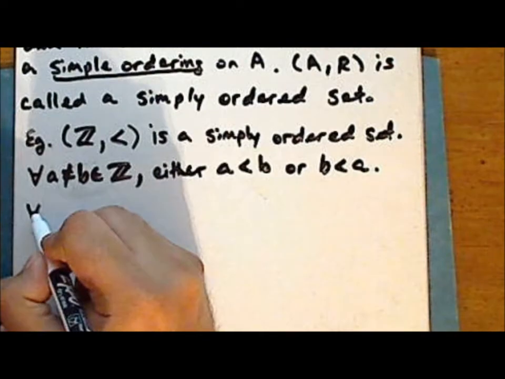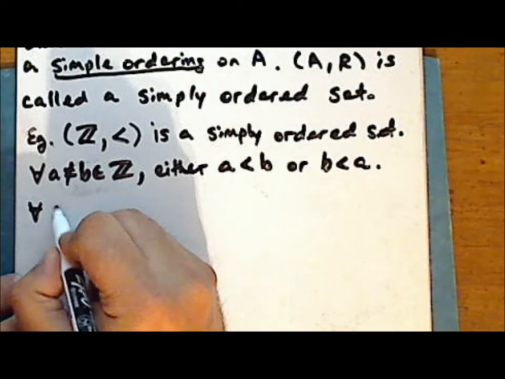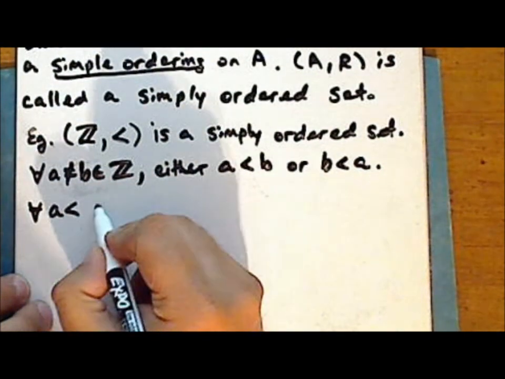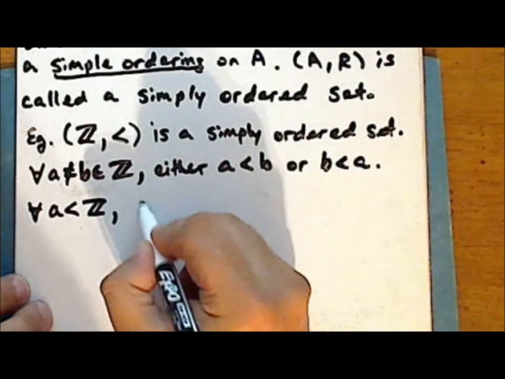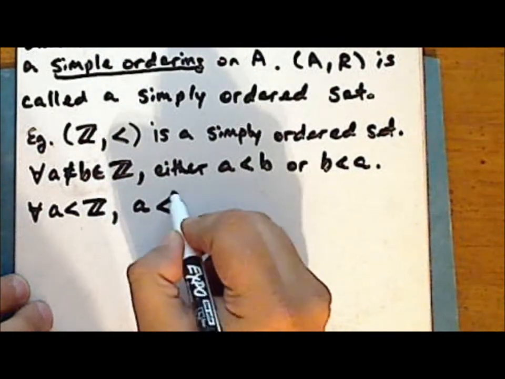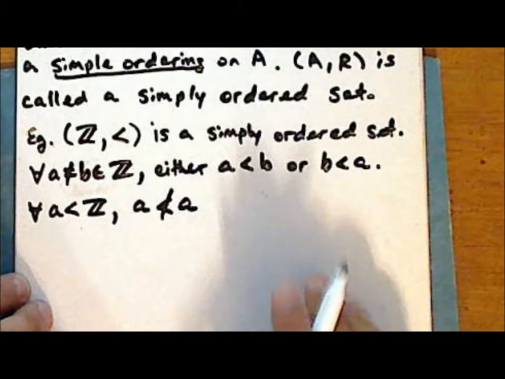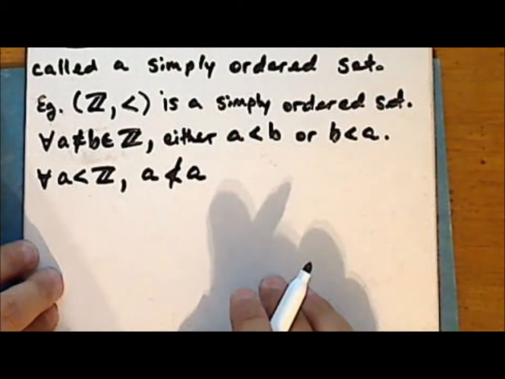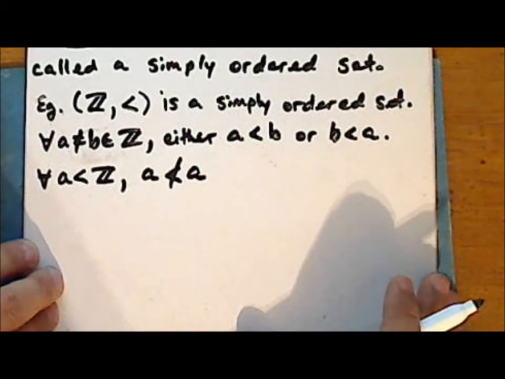So first, that it's irreflexive. For every element a in the set of integers, it is true that the element a is not strictly less than itself. And so the relation strictly less than is irreflexive.